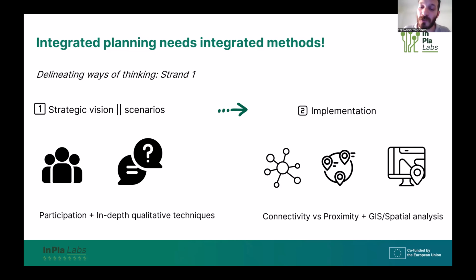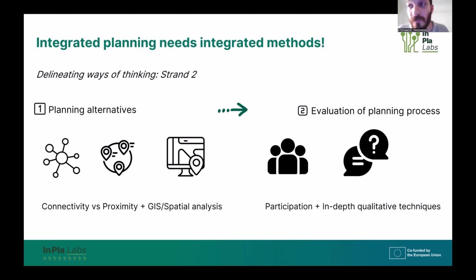We've seen that from Phrixus and Dionysia, the way of engaging people, or the way of qualitatively obtaining their insights thoroughly, so we can form a basis for our planning, and then we can implement that through these quantitative tools that Ioanna described, to measure accessibility, to measure all these kinds of scenarios or criteria that the participants or the experts could have indicated. So this is one way of thinking.